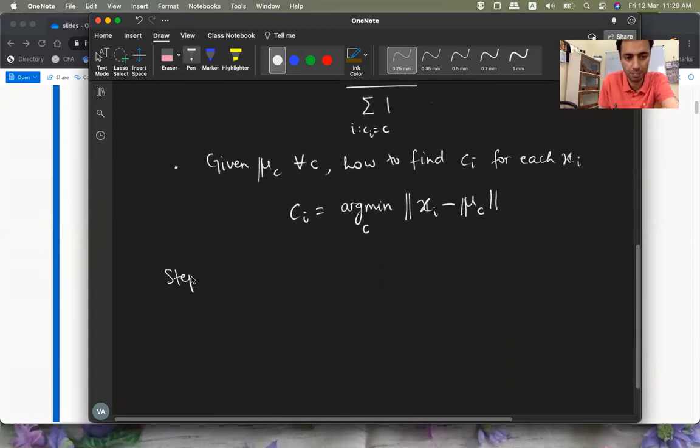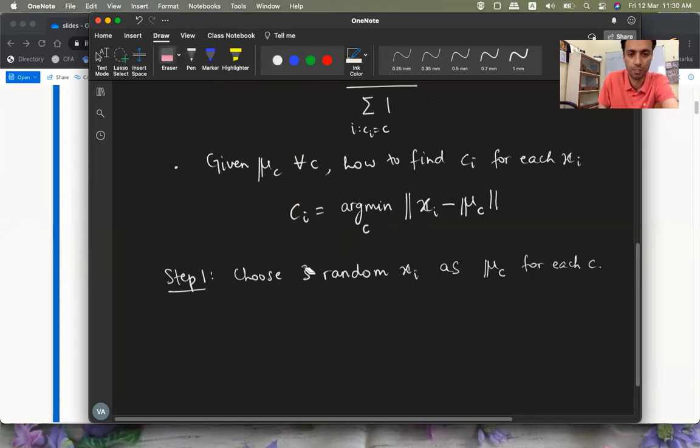Step 1: choose any 3 random points as mu c.